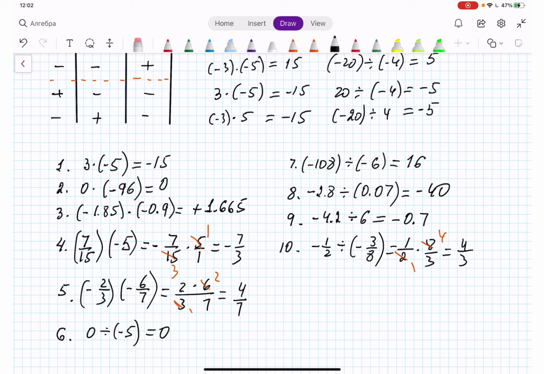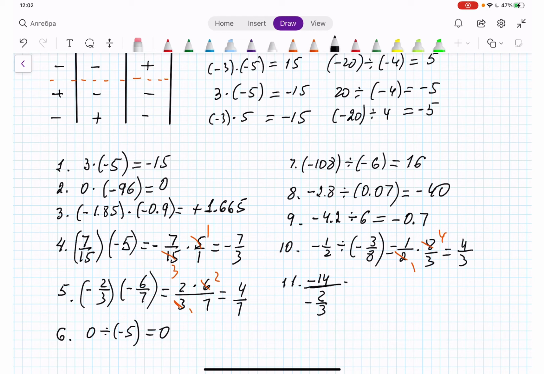Number 11. Negative 14 we divide by negative 2/3.